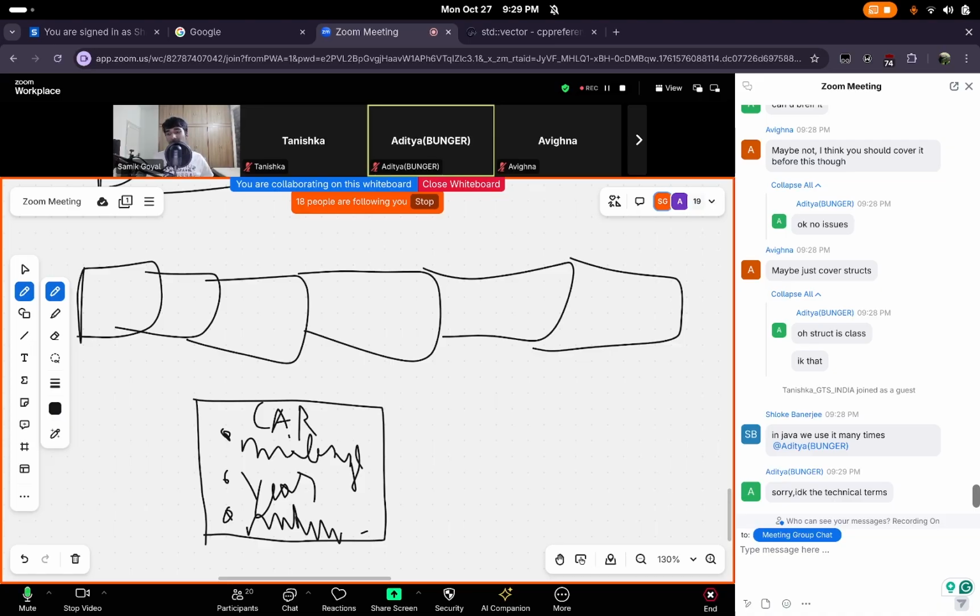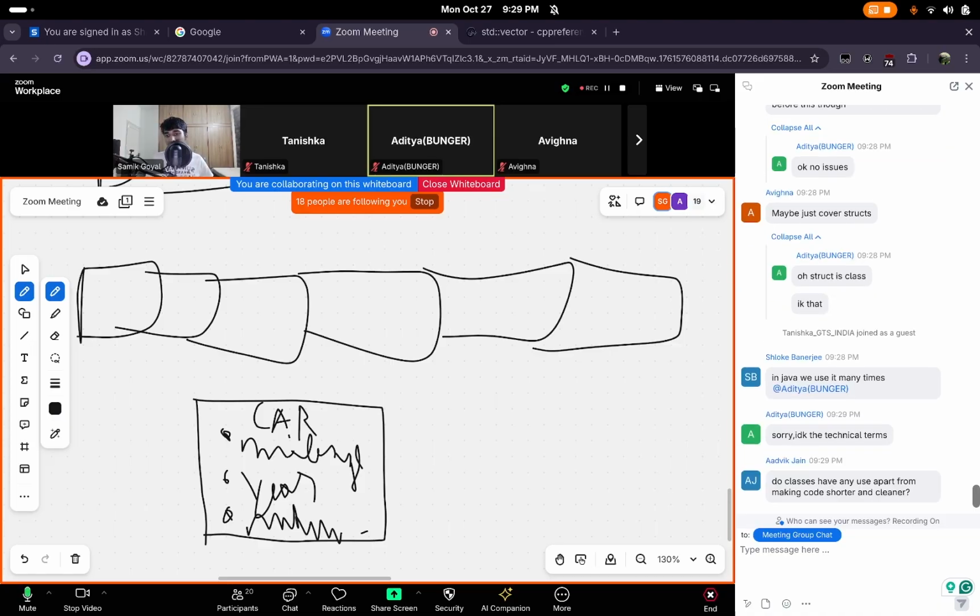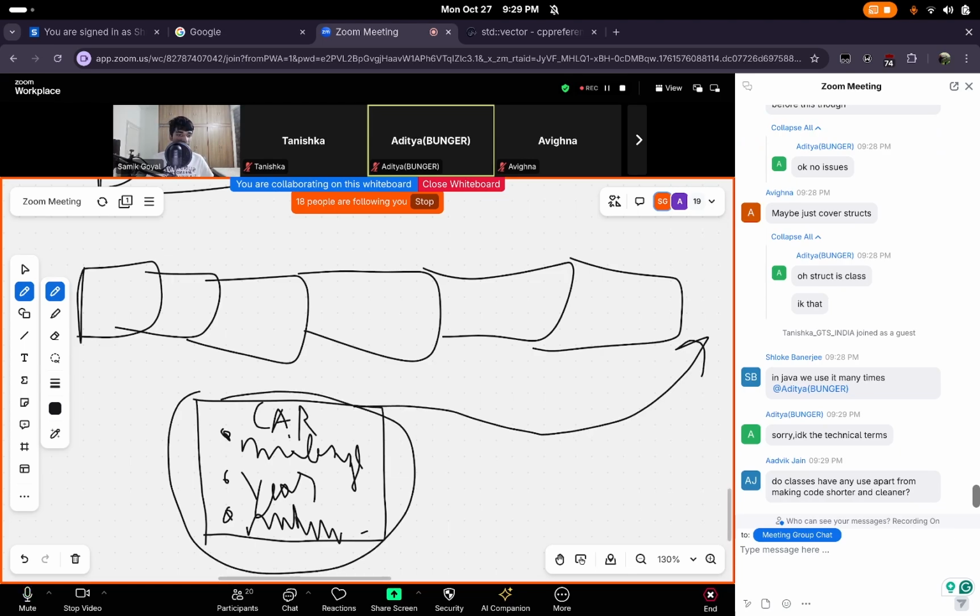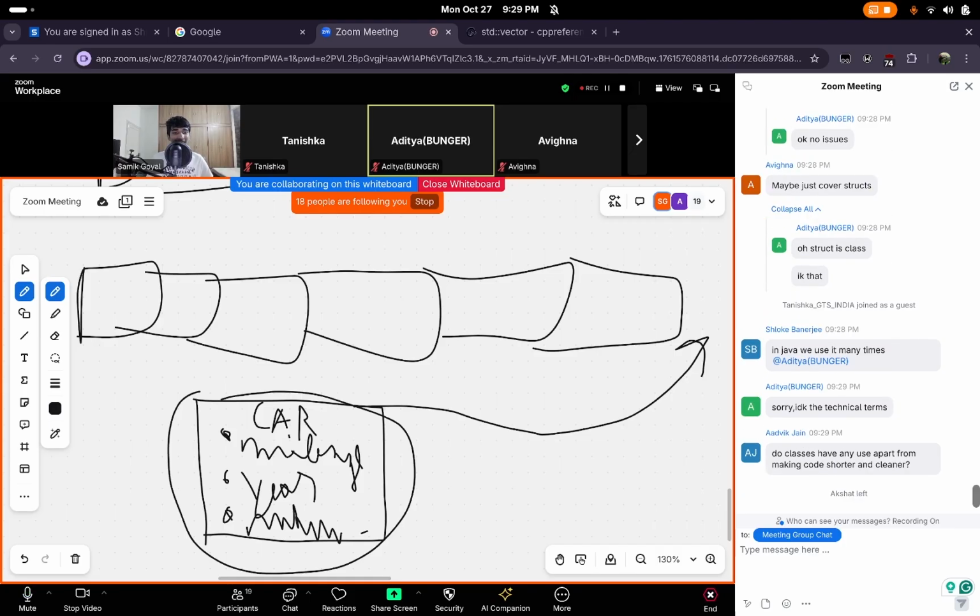Classes are really just here to make your code cleaner. But do remember, cleaner code often leads to fewer bugs, so it can be helpful.